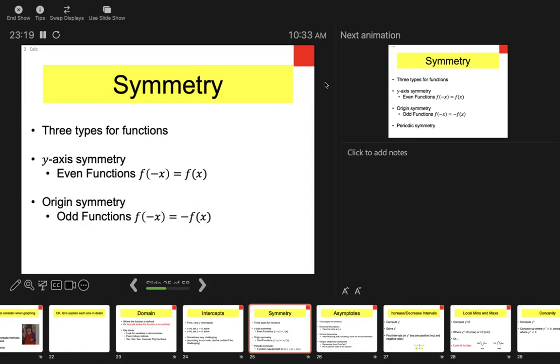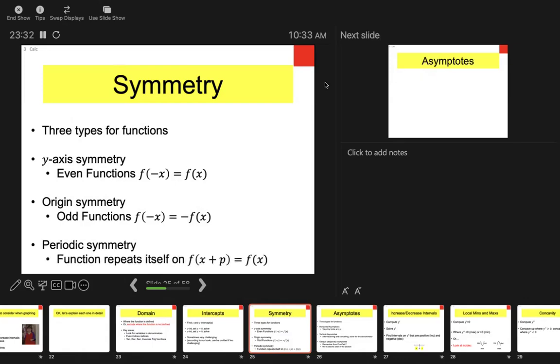And then for the last one, because we'll be dealing with trig, those are called period. Remember periodicity? Remember that fancy word? So if something just repeats itself over a certain period, we say it's a periodic function. So for instance, sine repeats itself every 2 pi.